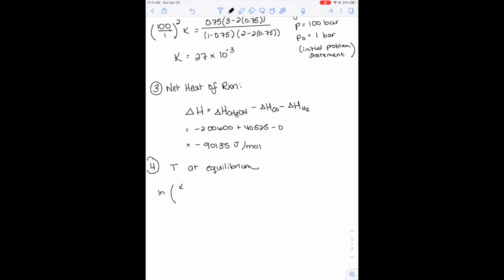Finally, our fourth step is to find the temperature at equilibrium. We're going to use our equation for that, which is the natural log of K1 over K2.